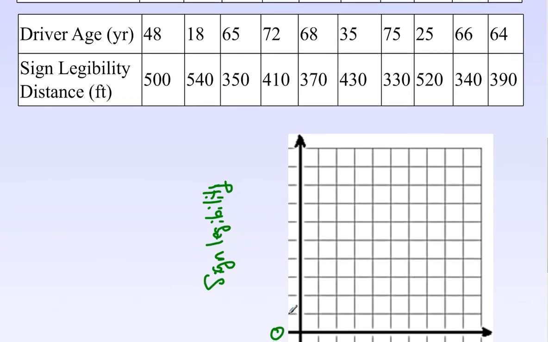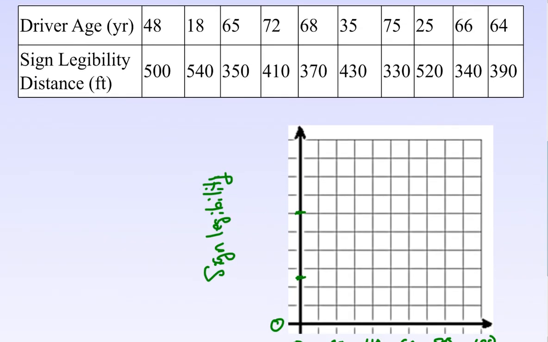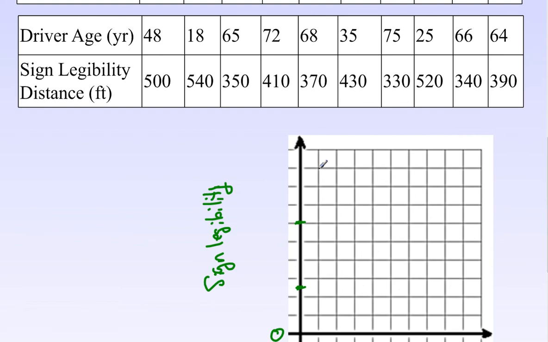All right, so we've got to go from 240 to 600. I guess we could go counting by hundreds: 100, 200, 300, 400, 500, 600. That puts the highest here at 600 and the lowest here at 240. I wish there was something better though, because that's still a lot of wasted space up here and down here.